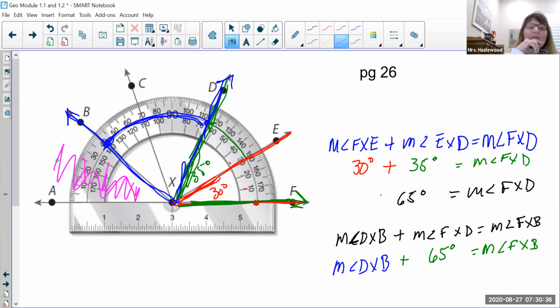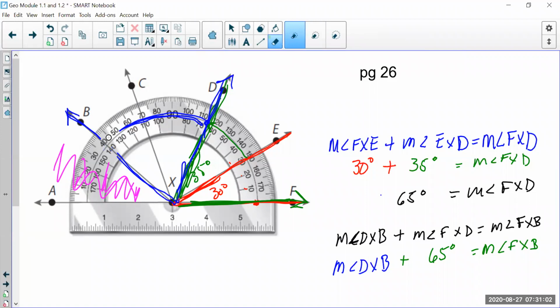There's still one more way that you could have done it. I did it a different way. How'd you do it, Hannah? I found the angle DXC and I subtracted 70 from 115 and I got 45 degrees.